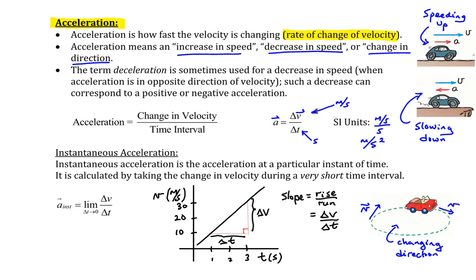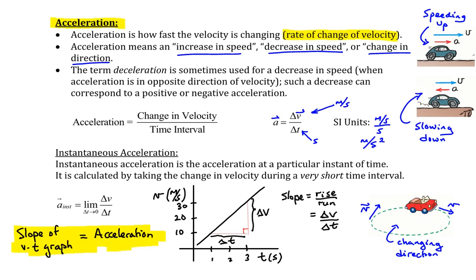It's the acceleration. So we learned earlier that the slope of a position versus time graph was velocity. Now we're learning that the slope of a velocity versus time graph is acceleration. This is a big key idea, and you should remember this one.